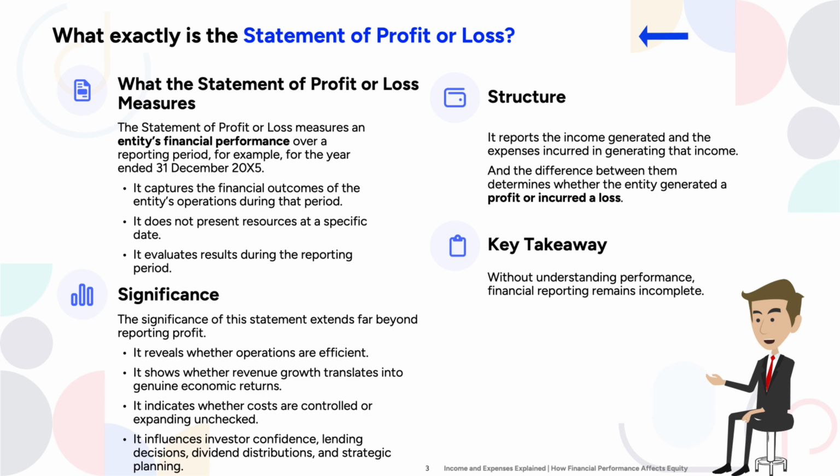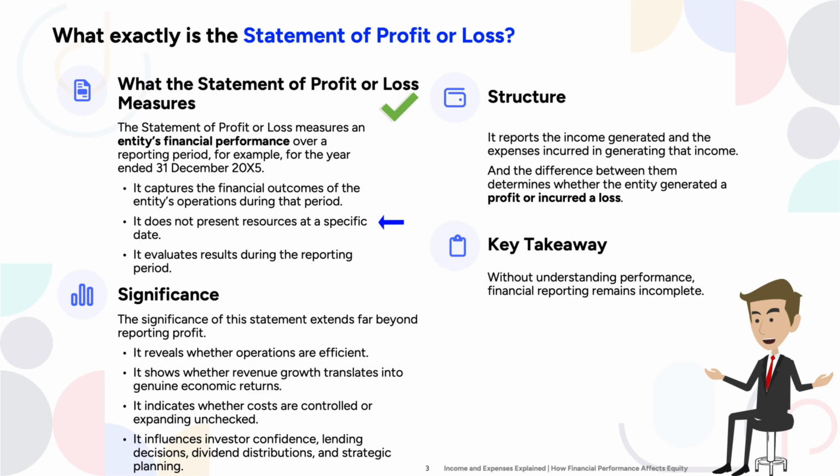But what exactly is the statement of profit or loss? The statement of profit or loss measures an entity's financial performance over a reporting period. For example, for the financial year ended 31st December. It captures the financial outcomes of the entity's operations during that period.